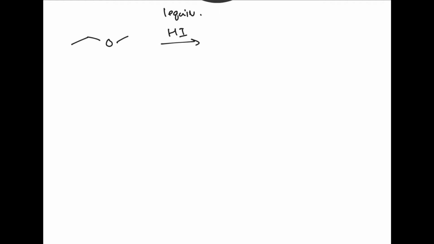Here we have a primary carbon and here we have a methyl carbon, so we're going to put our halide on the least substituted carbon of the two. So we're going to make this. So this is secondary, primary, and methyl.